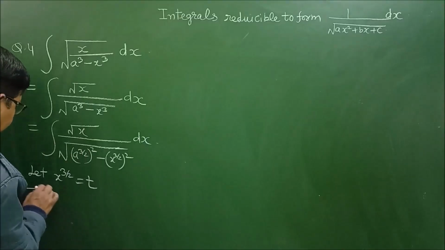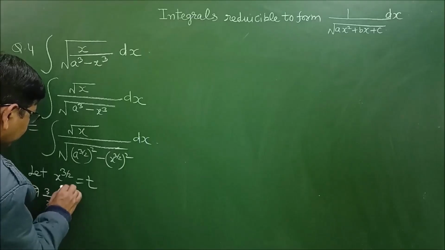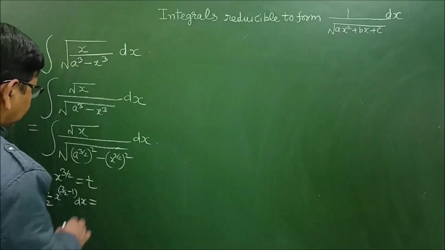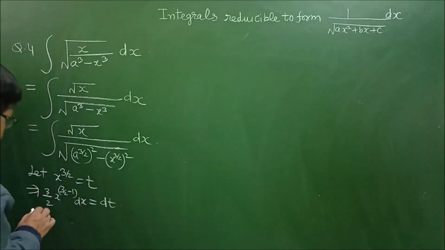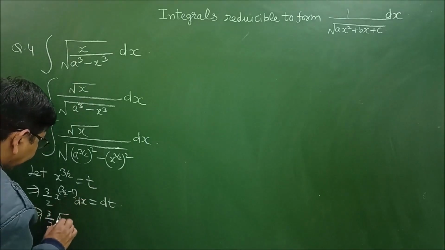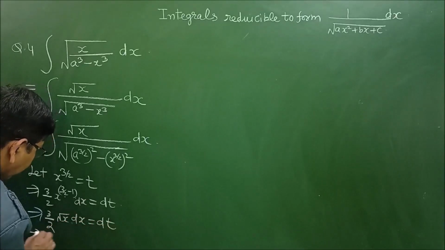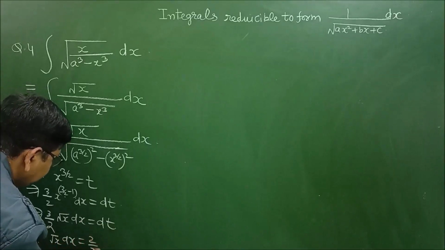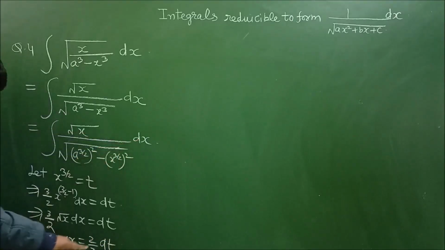So on differentiating both sides with respect to x, 3 upon 2 x raised to the power 3 upon 2 minus 1 dx is equal to dt. So this is 3 upon 2 root x dx is equal to dt, or root x dx is equal to 2 upon 3 dt. So here we can replace root x dx by 2 upon 3 dt.